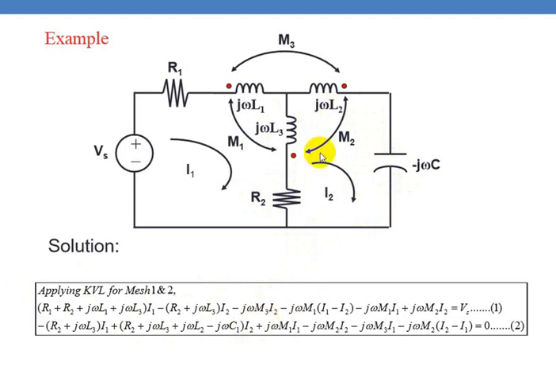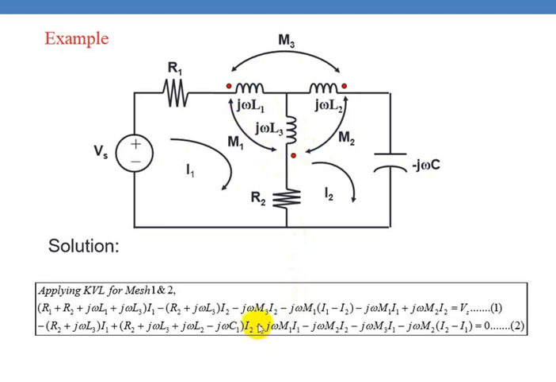Coming to this one, M1 is the mutual inductance between the coils. So we can write it as j omega M1 into, what is the current in this? It is I1, j omega M1 into I1.